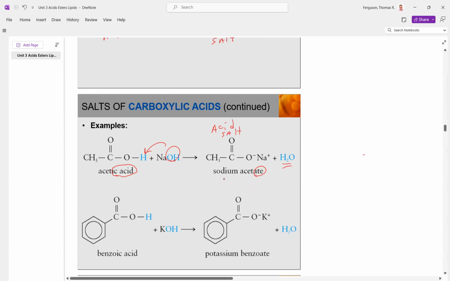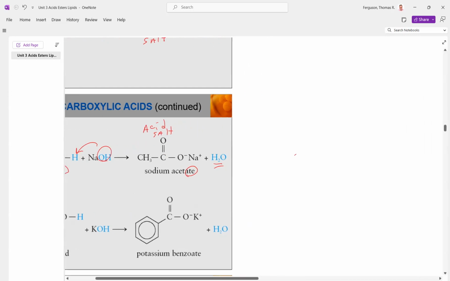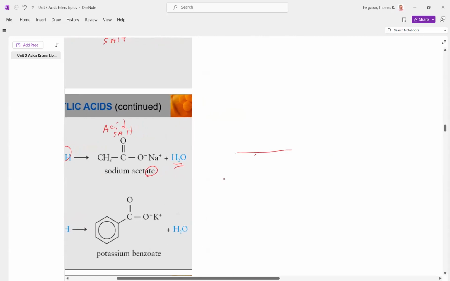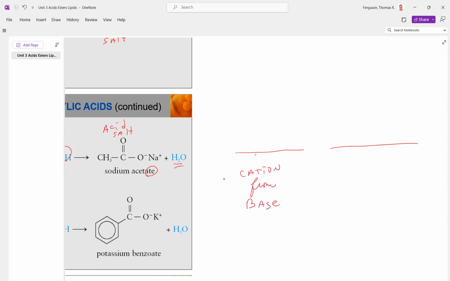And what comes first is the cation name from the base. In this case, it was sodium.